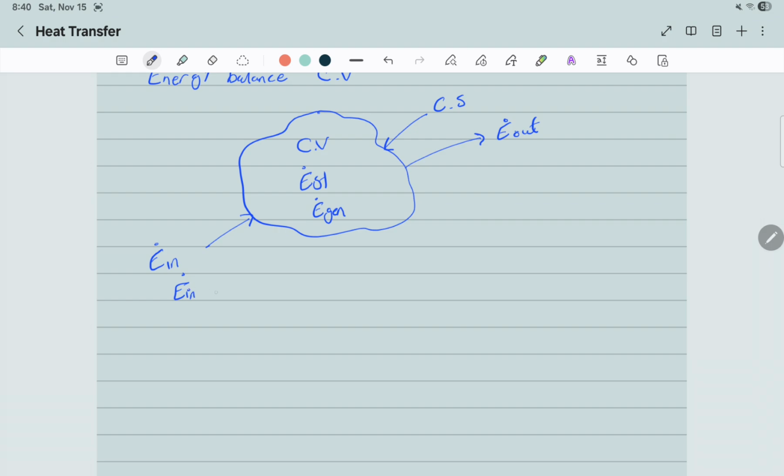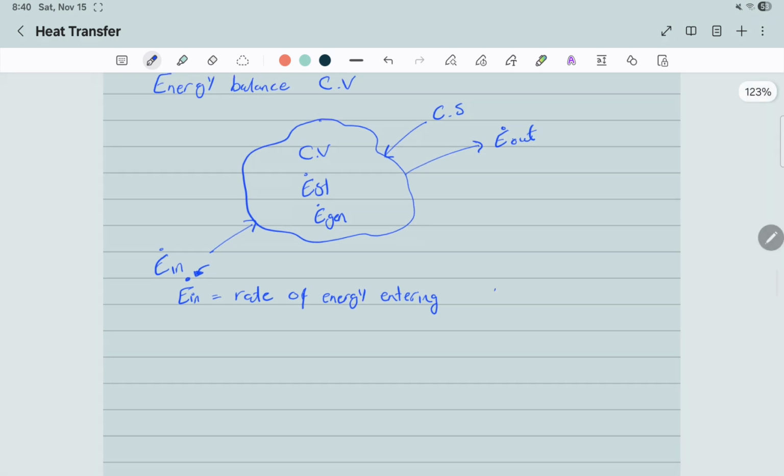E in is the rate of energy entering the system. This dot here symbolizes rate, meaning that the energy is going in per time.